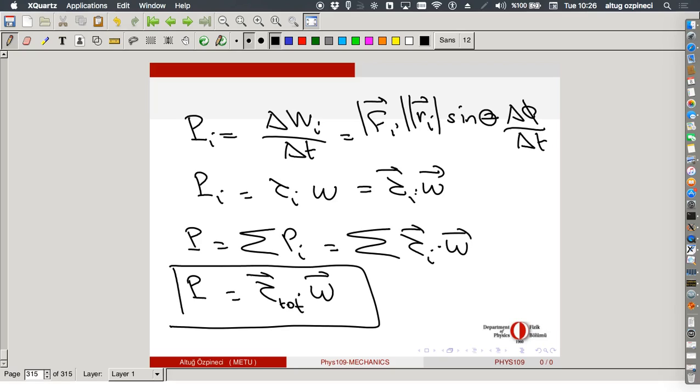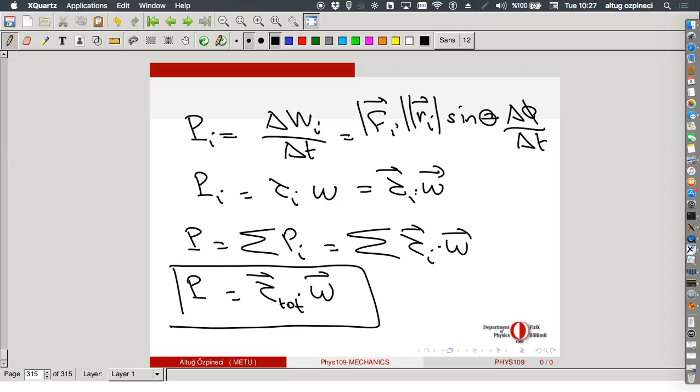Of course, again, here I'm repeating that we are only looking at cases where the axis of rotation is at rest. So if the axis of rotation is at rest, then the total power of the forces acting on my system is given by the torque times the angular velocity.